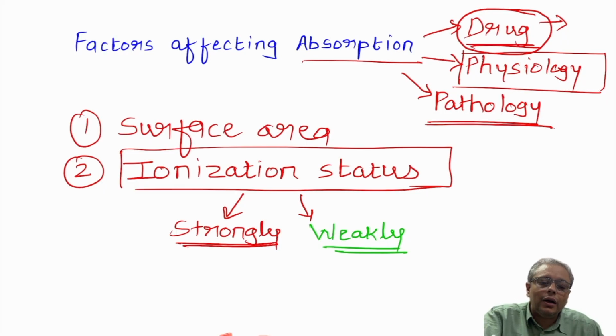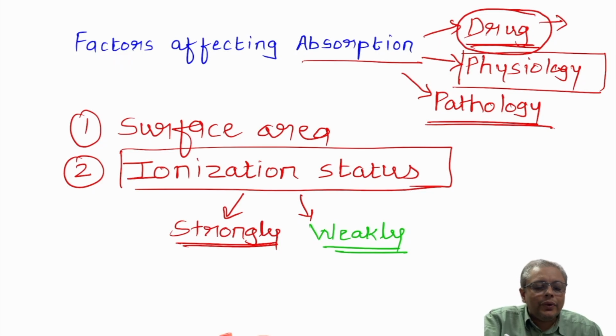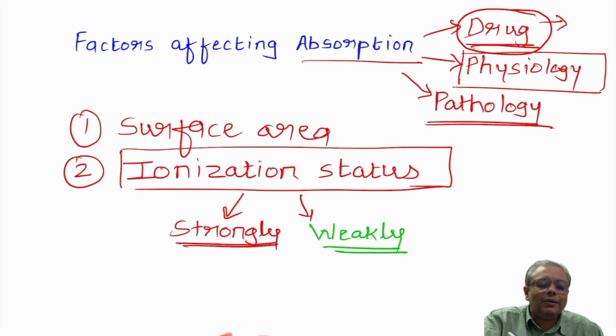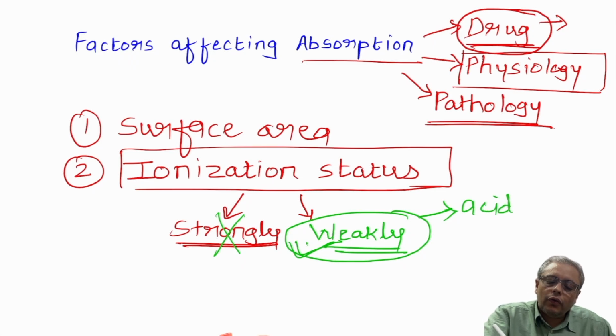One should be very clear that strongly acidic or strongly alkaline drugs are not going to be absorbed. The classical example is heparin. While the weakly acidic drugs or weakly alkaline drugs are going to be absorbed.